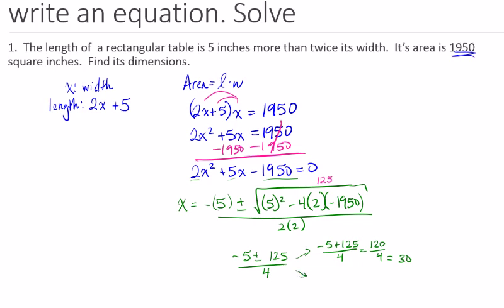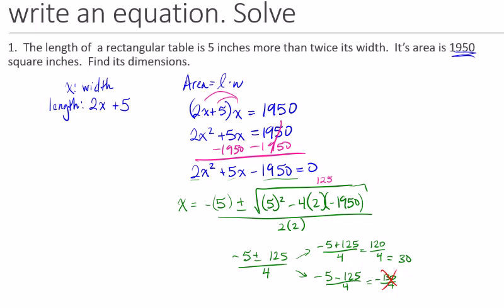Okay. The other possibility, negative 5 minus 125 over 4, comes out to a negative, right? So it would be negative 130 over 4, and that doesn't count because that's a negative. If we're talking about the width of a rectangle, we're going to get a positive value.